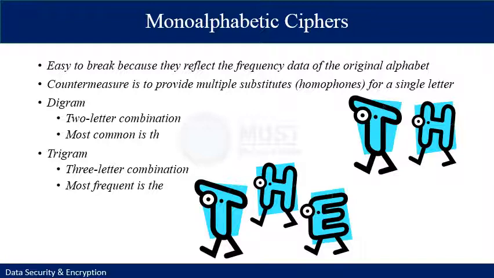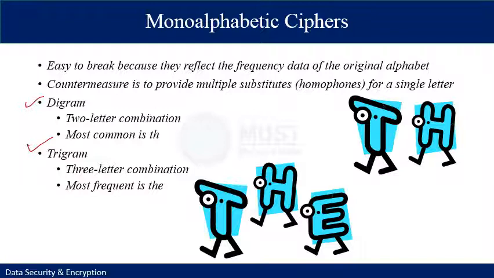A more systematic approach will look for other regularities, such as other patterns. For example, certain words may be known in the text. You can look for digrams, which are two-letter combinations, or trigrams, which are three-letter combinations.